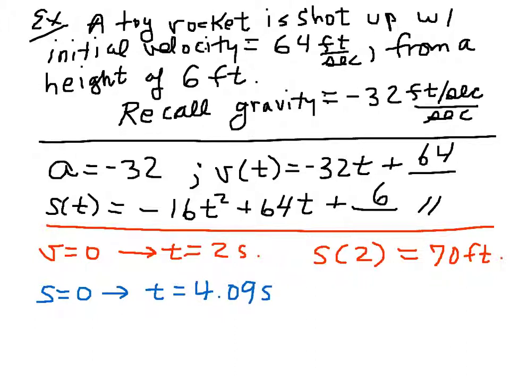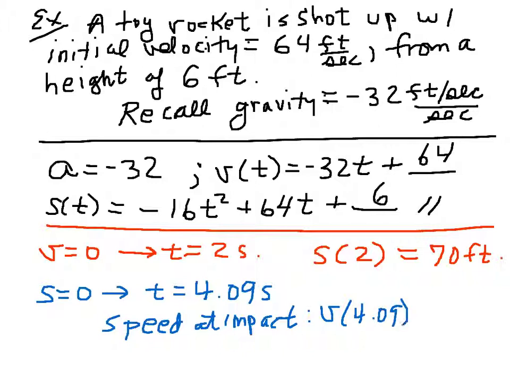And so the speed, that's probably the more appropriate question, the speed at impact is v of 4.09, which is about 66.88 feet per second. And that's the way a straight line motion problem works.